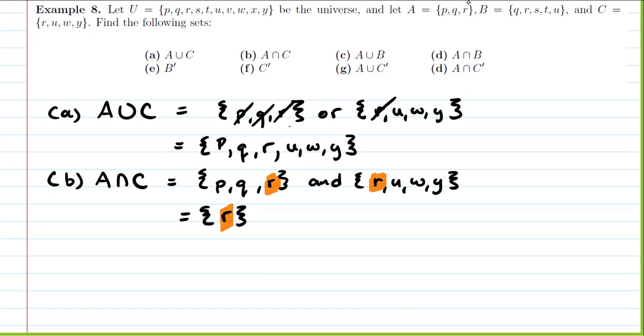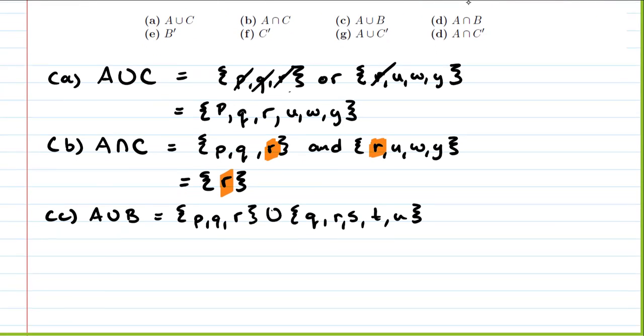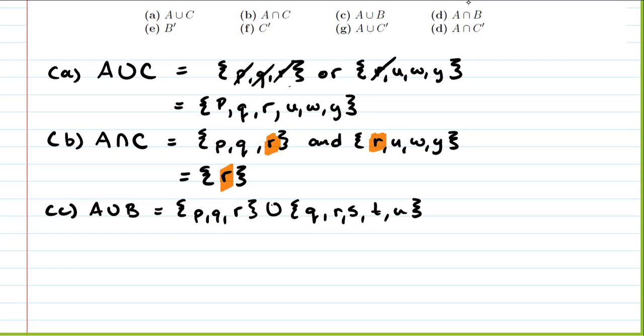All right, so let's try our next one. C is A union B. So our A is still P, Q, R, and our B is Q, R, S, T, and U. So our union is going to be P, Q, R. This doesn't have any P's.